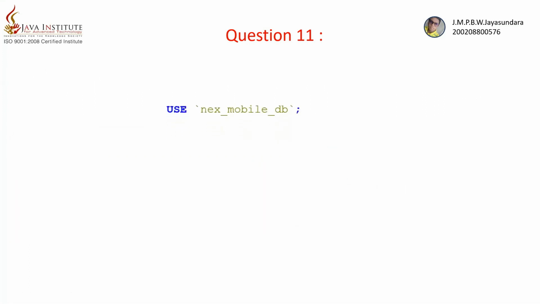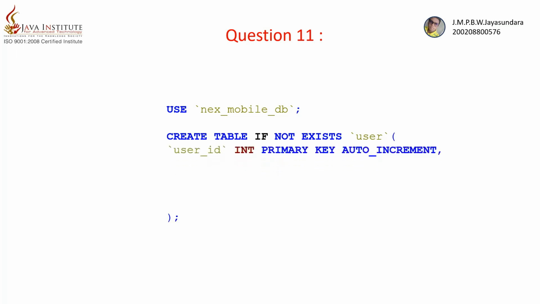We can create this table using a query or using a manual method. When we create this table using a query, first we need to define our database as this, and then we can write a create query. First we need to write create table if not exists, and then in here we have inserted our table name.